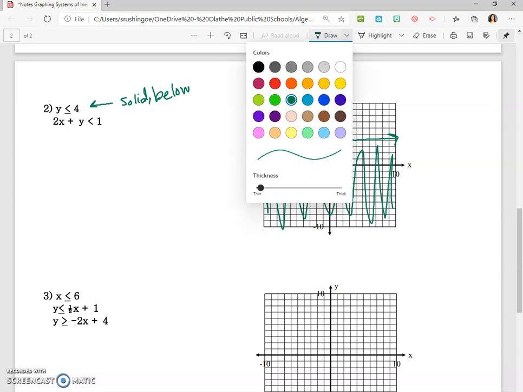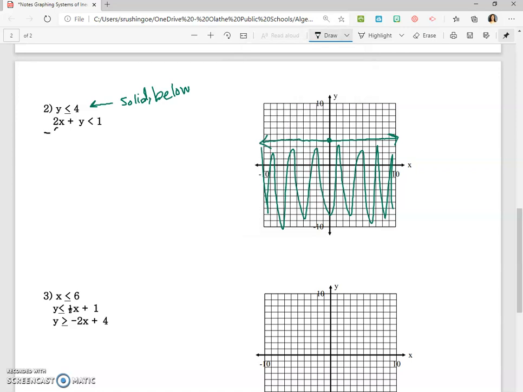Again, lightly. Now I need to change this equation, and now I have y alone, and this is dashed, and we're going to shade below. So starting at 1, moving down 2 over 1.